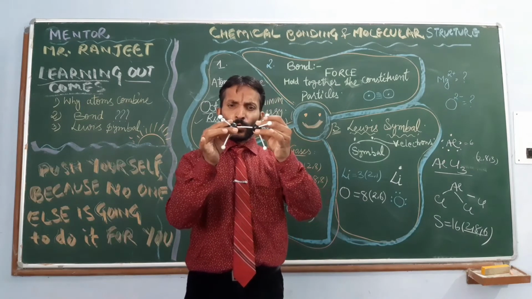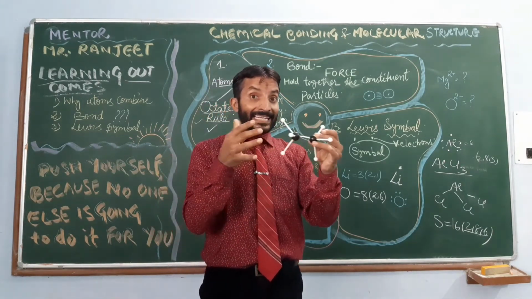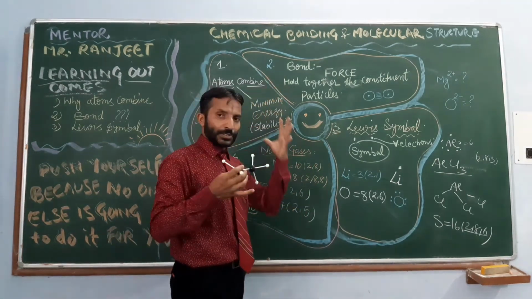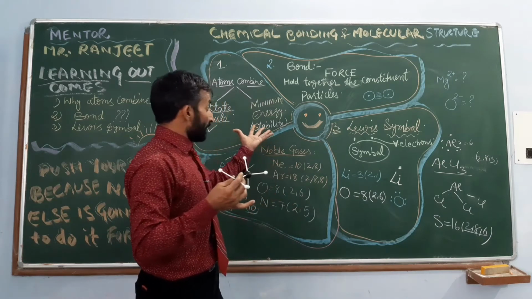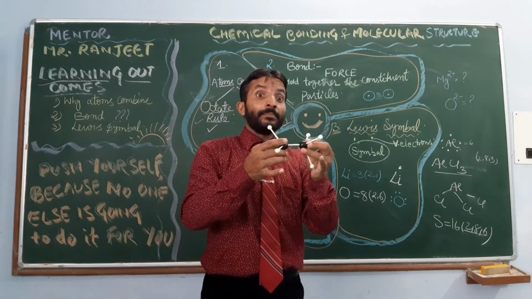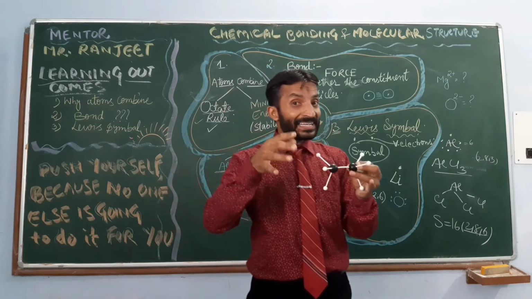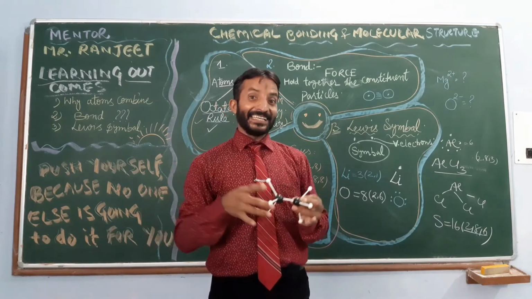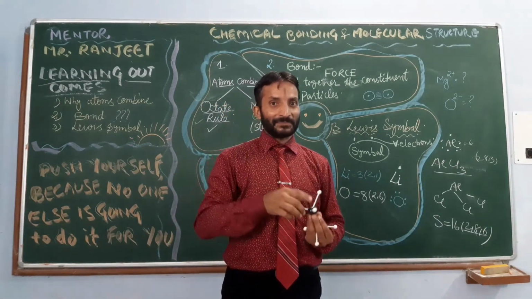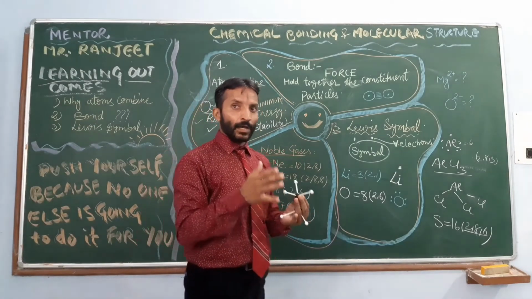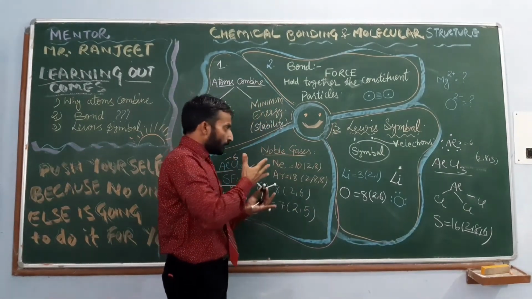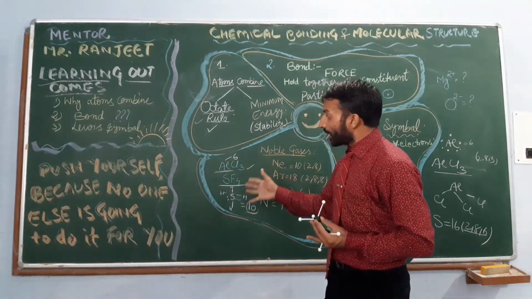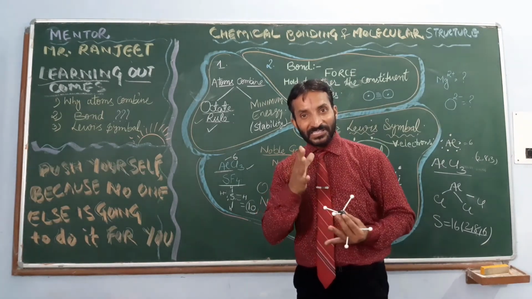Whenever a bond is formed, what happens? Energy is released. So, when energy is released, your compound gets to a lower energy state. And we know that a lower energy state is a more stable state. So, this is the reason why all compounds that exist in nature combine to acquire a lower energy state.